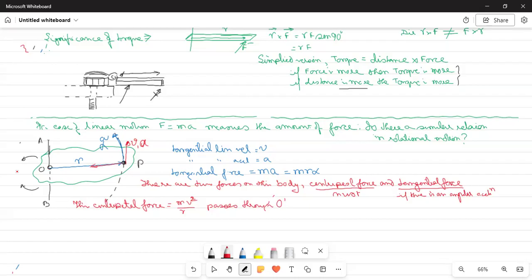Now, considering the force, if the centripetal force passes through O, of course, it does not contribute.